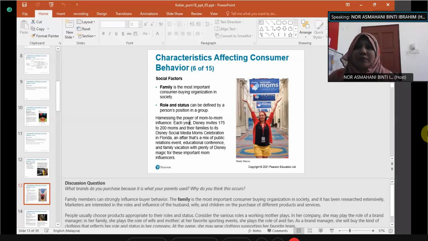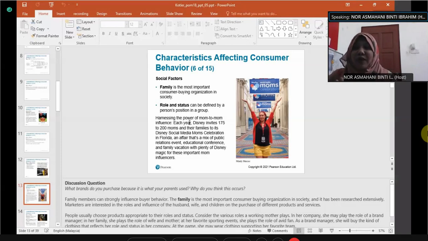And maybe she watches football. She likes Manchester United or Liverpool. She's a Liverpool fan. Okay, so that is what we call role and status: a mother, a woman, a lady in their life.